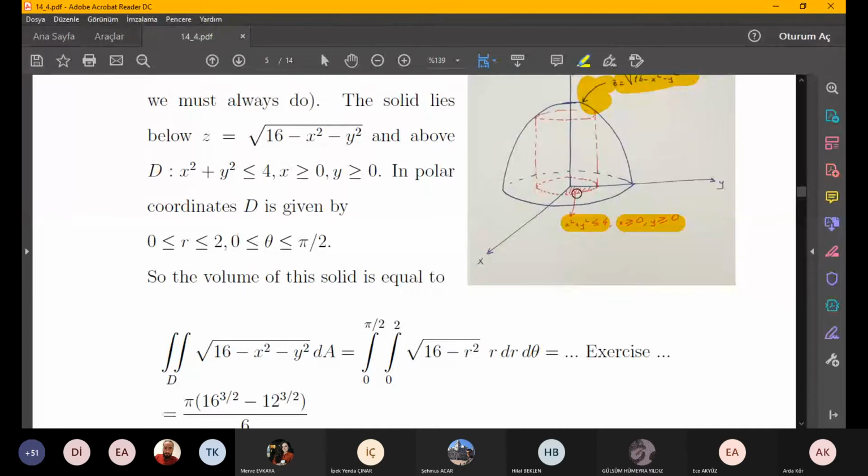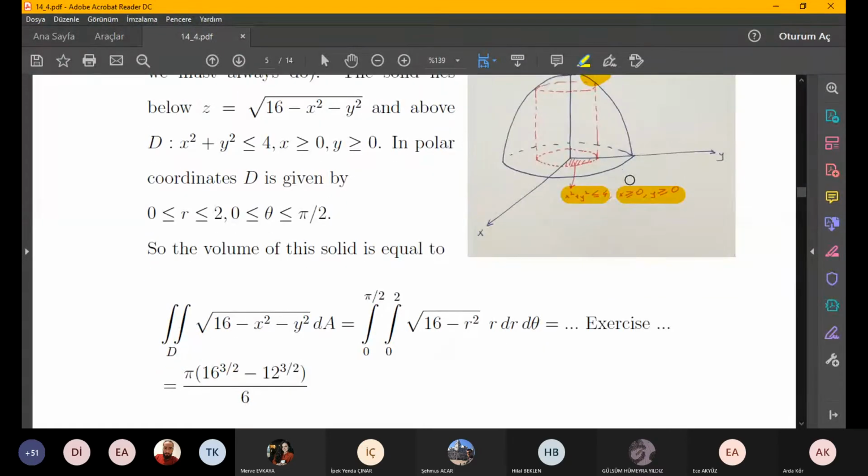So if you just sketch that, or you can see it from here actually, here is 2, so r has to be in between 0 and 2, and since it is only in the first octant, the theta has to be in between 0 and 2 pi. So it is from 0 to 2 pi.